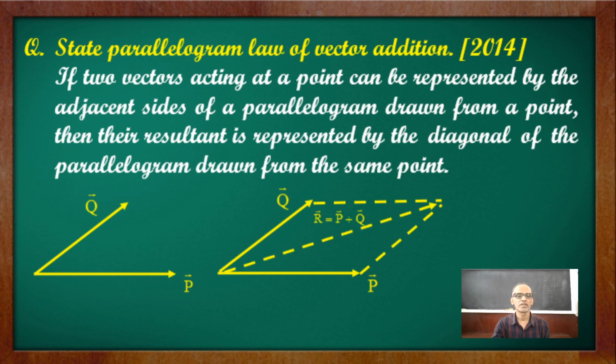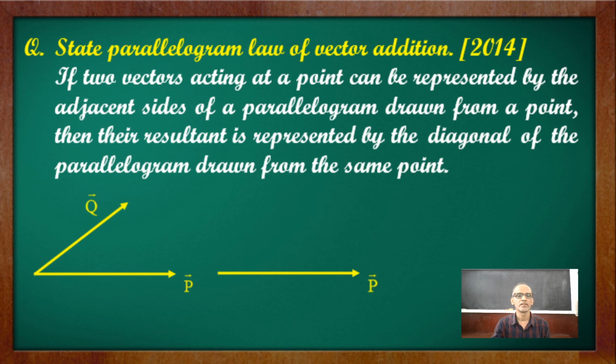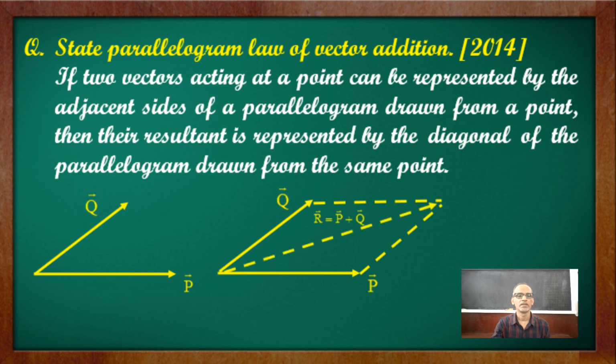So go through the statement once again. If two vectors acting at a point can be represented by the two adjacent sides of a parallelogram drawn from a point, then their resultant is represented by the diagonal of the parallelogram drawn from the same point.